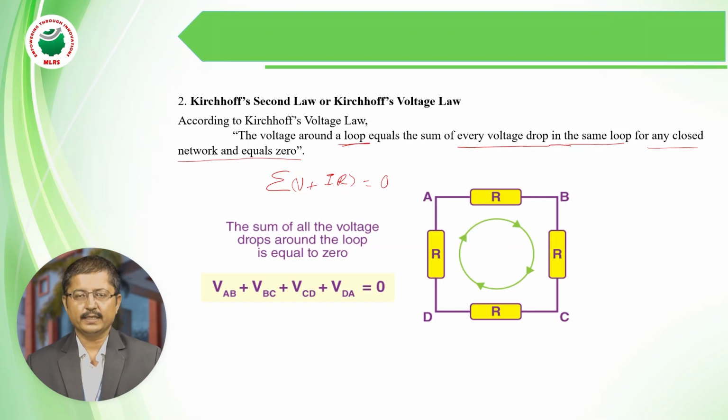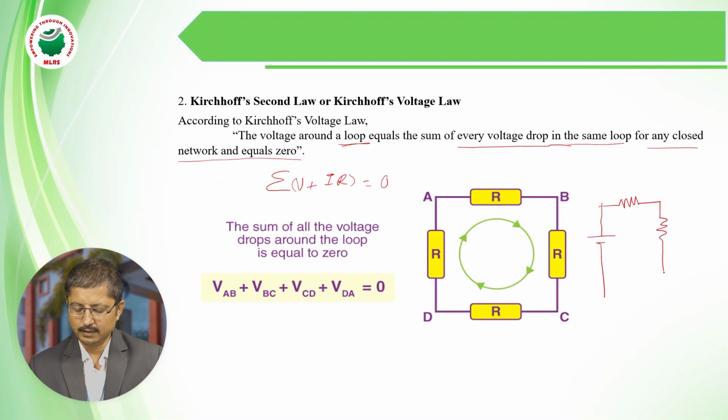Let us consider one simple diagram. Here I am considering a simple network. This is a voltage source, with plus and minus terminals. Here I am connecting three resistors in series, R1, R2, R3.